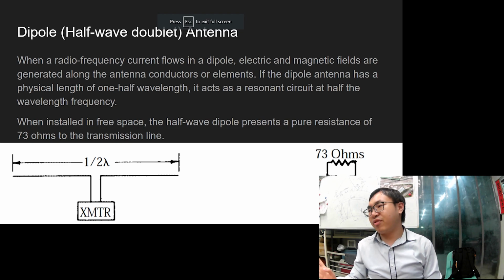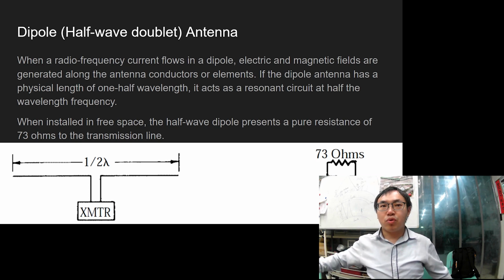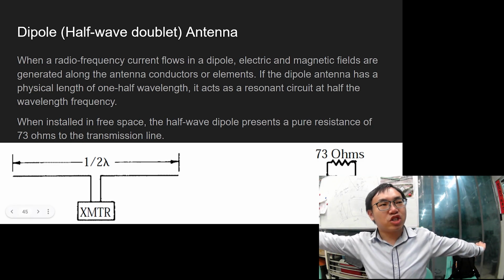Yes. So the second one is the half-wave dipole antenna. In Chinese it is 偶極天線. Okay. Dipole antenna. So it has a characteristic impedance of 73 ohms.